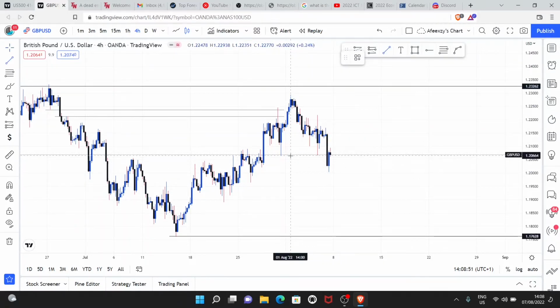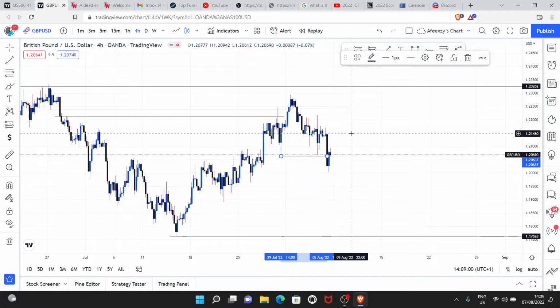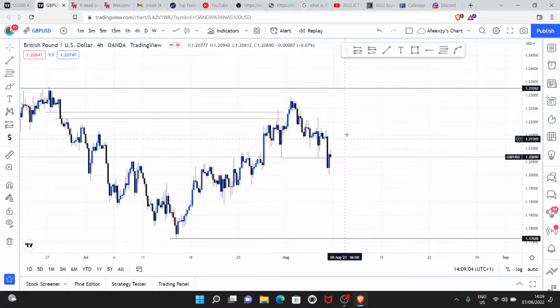So here you can see a structure change. After the structure change, we can also see relative equal lows being taken out.